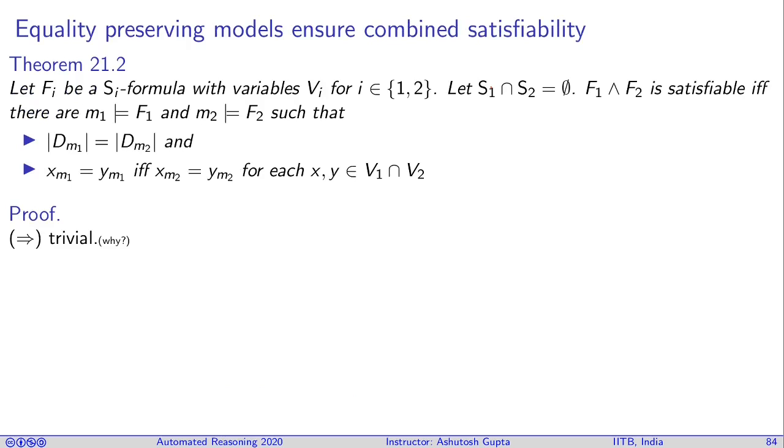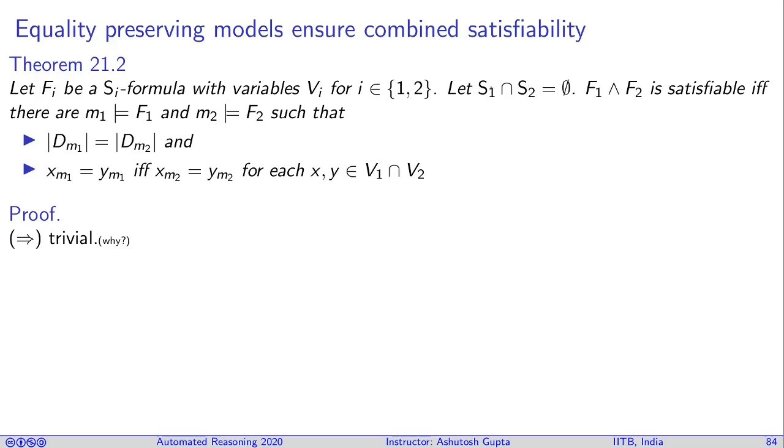So next, we need to ask ourselves this question: what more do we need to do to show that F1 and F2 is satisfiable if and only if M1 satisfies F1 and M2 satisfies F2? But isomorphism was too semantic a condition. You cannot really check that.